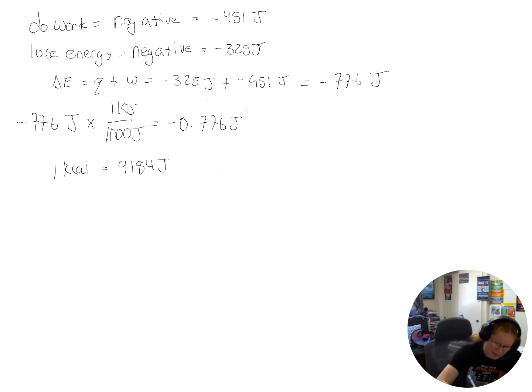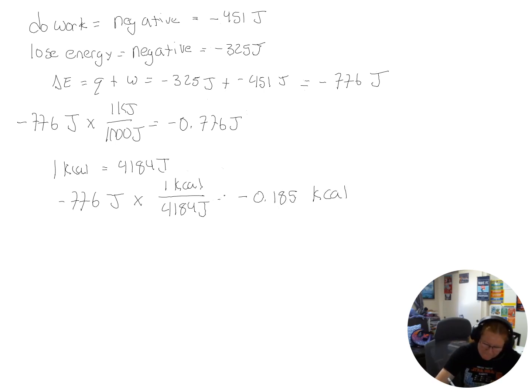So we're going to get negative 776 joules times 1 kilocalorie over 4,184 joules, and that's going to give us negative 0.185 kilocalories. Okay?